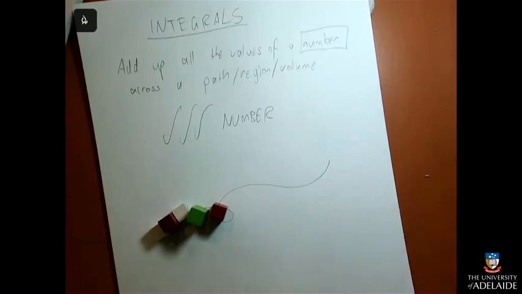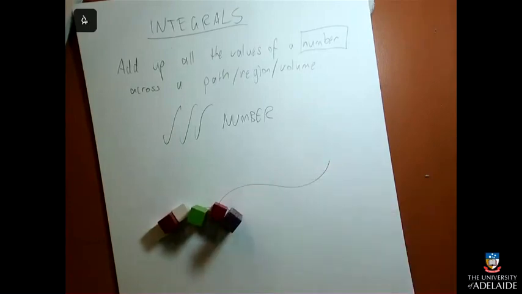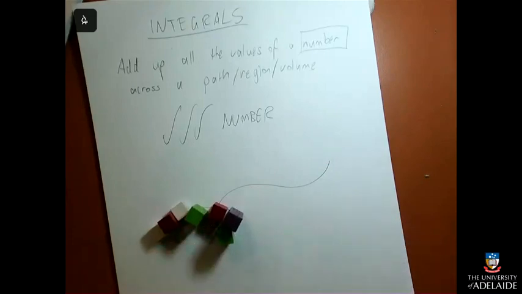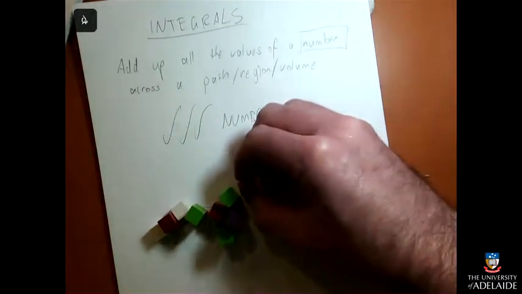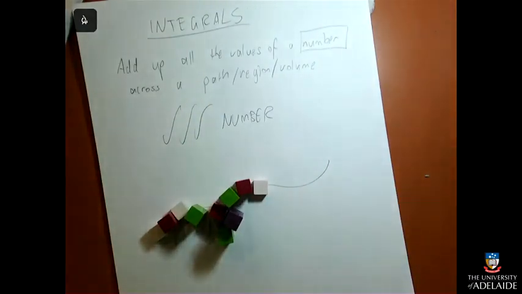Maybe it's 4 here. I really shouldn't have put a loop in it if I was going to do this. All right, every point has a number of its own, and you interpret them as heights, and then you add them all up.